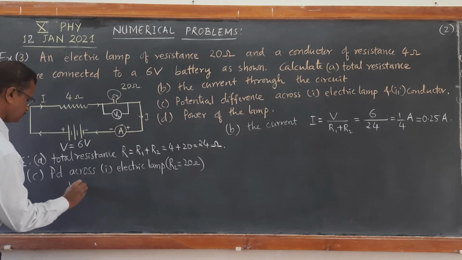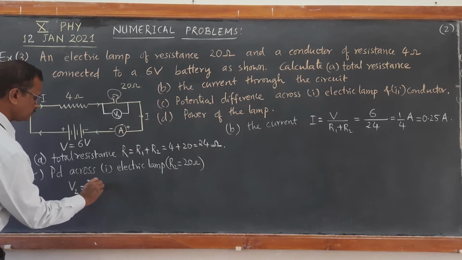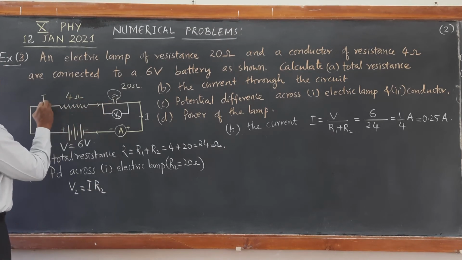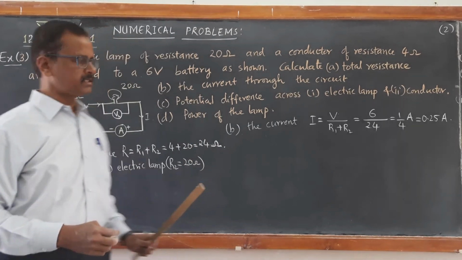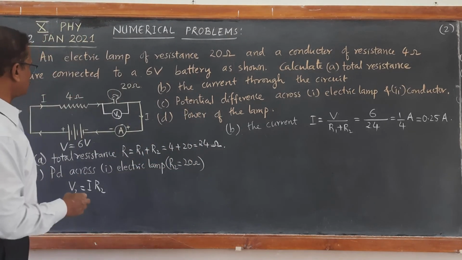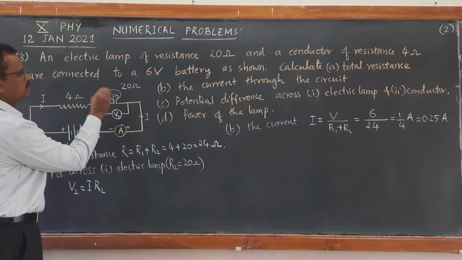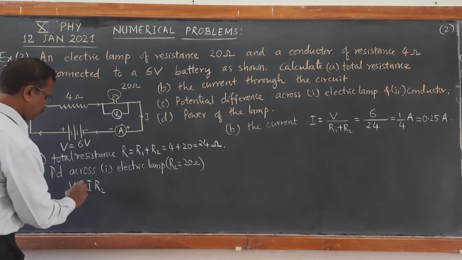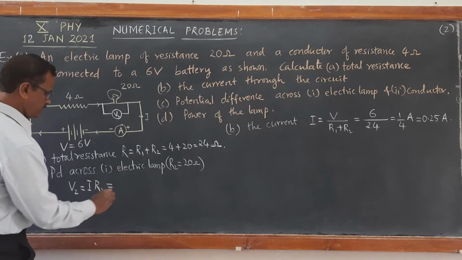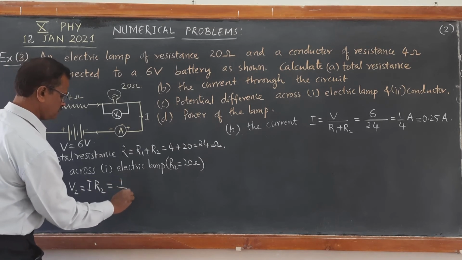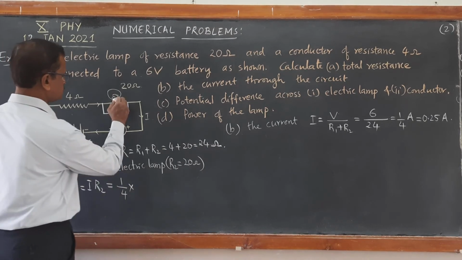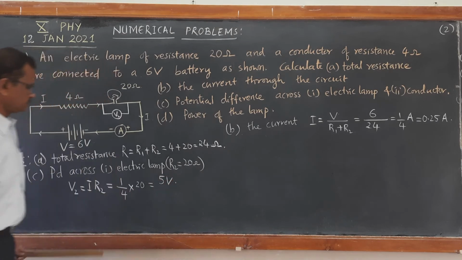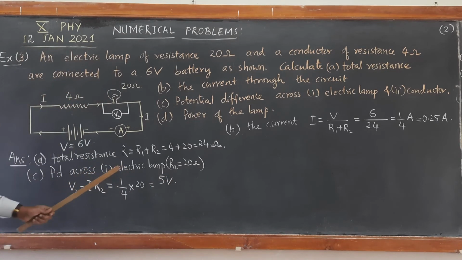V2 equal to I into R2, since the current flowing through the circuit is the same because both of them are connected in series. So the same current flows through both the 4 ohm conductor as well as the 20 ohm electric bulb. So current I remains the same. Therefore V2 equal to IR2 using Ohm's law. I is already found out, 1 by 4 ampere, into the resistance of the bulb, which is 20. So it becomes 5 volts. So that is the potential difference across the electric lamp.